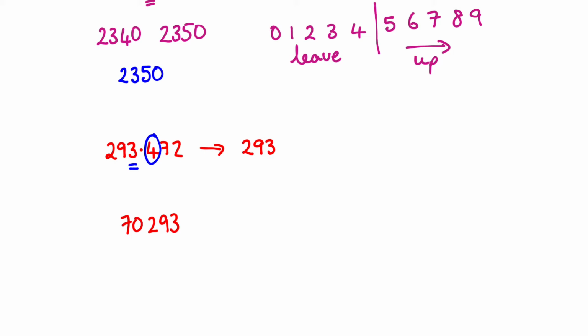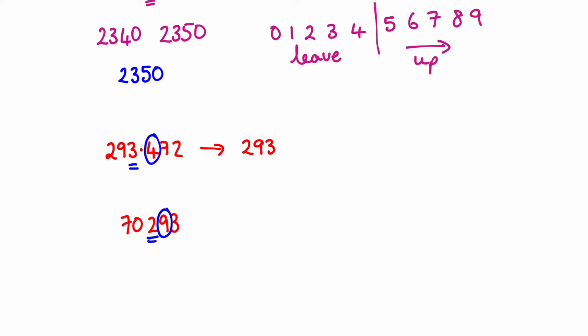Okay, so the hundreds digit, say it out loud, remember, 70,293, so 200. So the 2 is the hundreds digit. We look at the 9 because it follows the 2. The 9 is in this section here, so we round the 2 up to a 3.